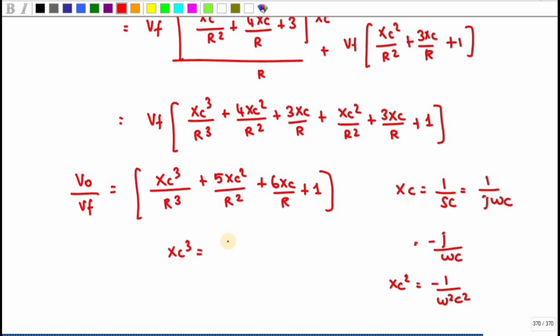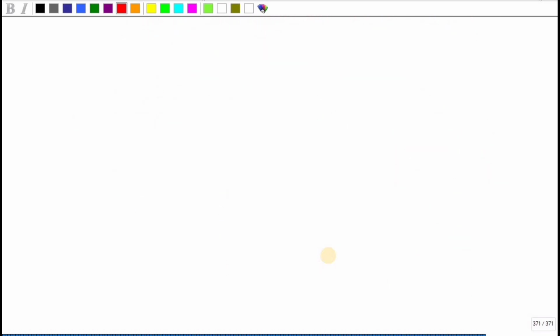What is Xc cube? Xc cube is nothing but minus 1 divided by j omega cube c cube. This is nothing but j divided by omega cube c cube. Okay. So you substitute it here.